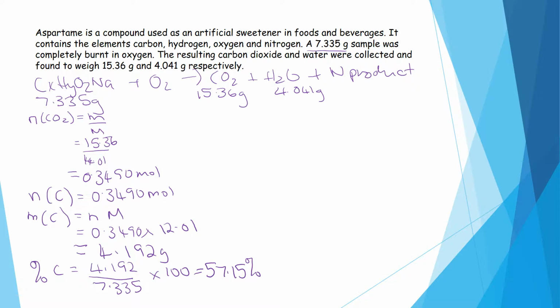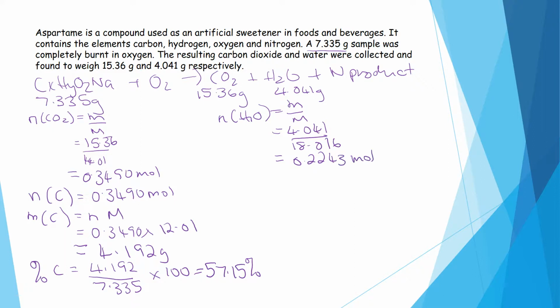Now let's do the same for the water. We're going to find the number of moles of water, which is equal to mass over formula mass, which equals 4.041 divided by 18.016, which comes out to be 0.2243 moles.